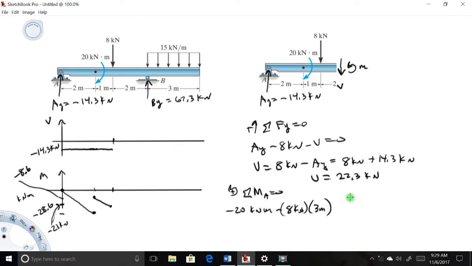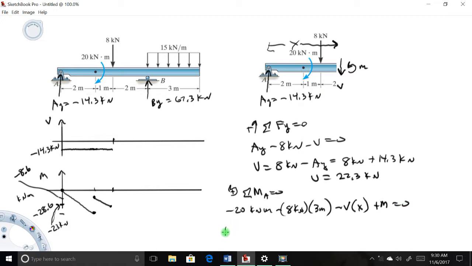Then we're going to have, and I should have labeled this earlier, in this case x is this distance. So then we're going to have minus our shear times x for this force vector, and then plus our bending moment for this guy equals 0.